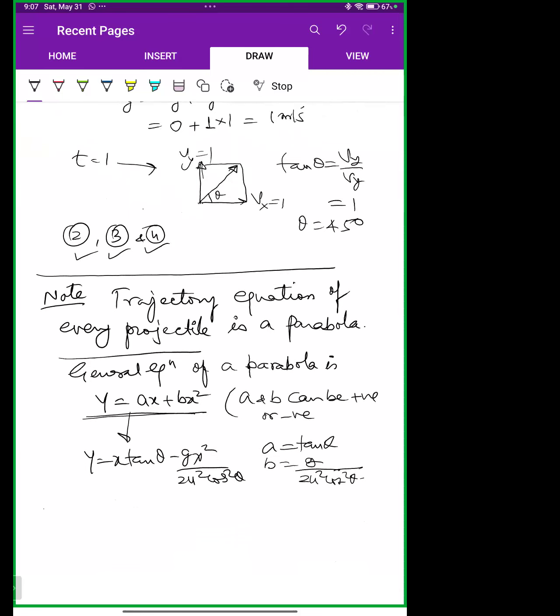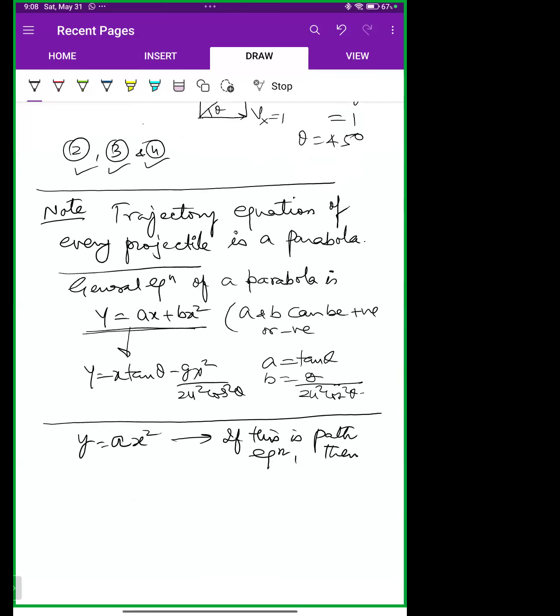But if y is equal to some constant into x square, if this is the path equation, then ax is equal to 0, ay is not equal to 0. We can take up further more on this, but I will come later to that.